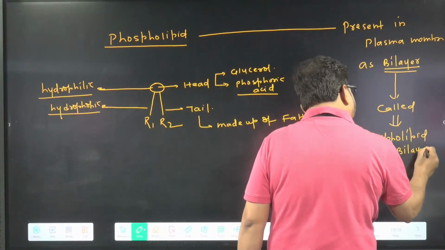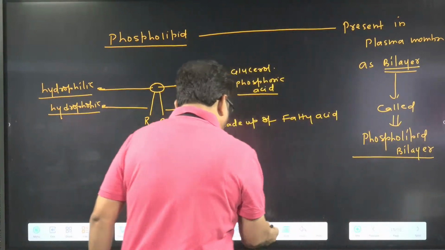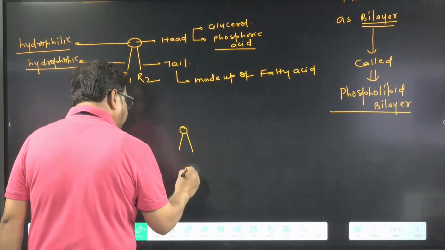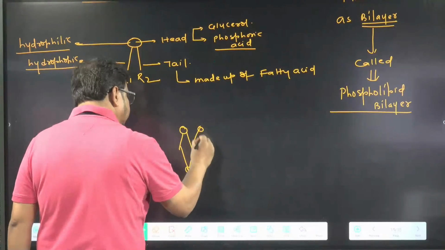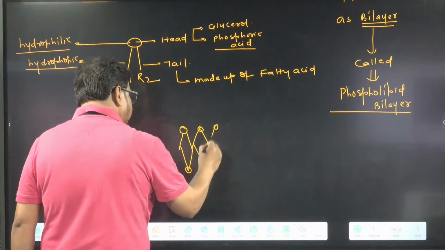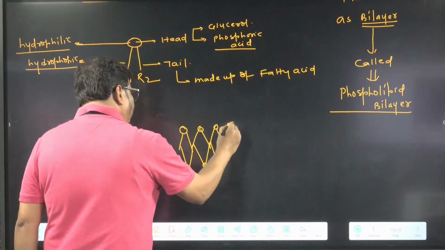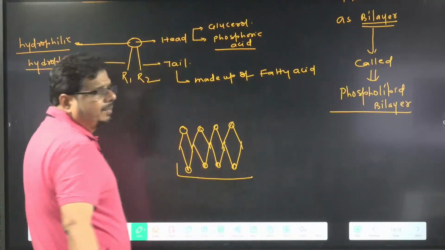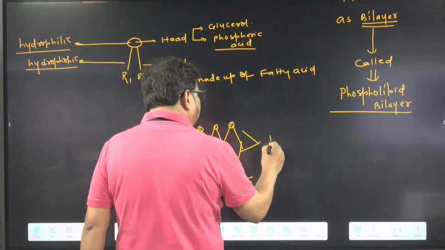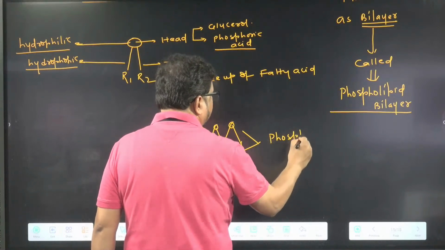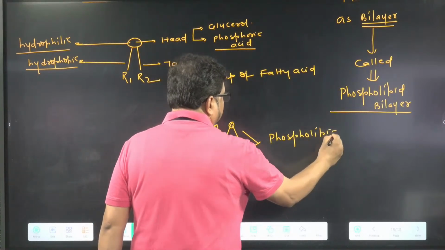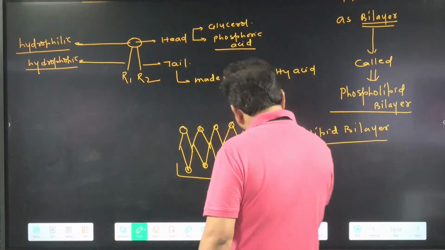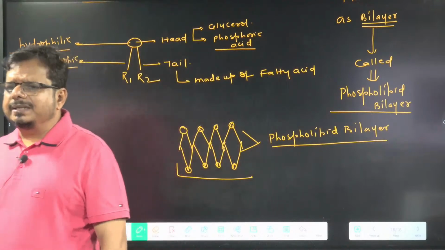Wherever you see the plasma membrane, you will find phospholipids present like this. These phospholipids form a bilayer, and that is called the phospholipid bilayer.